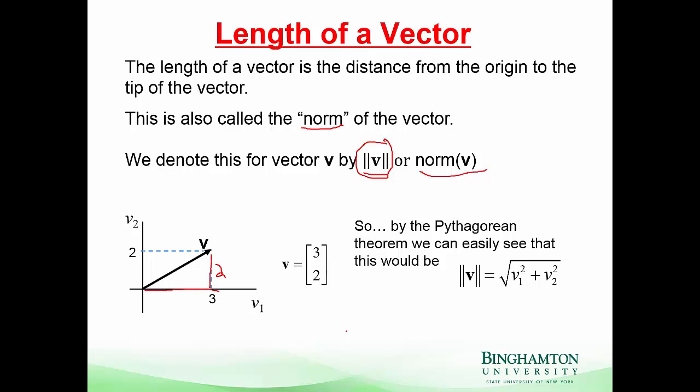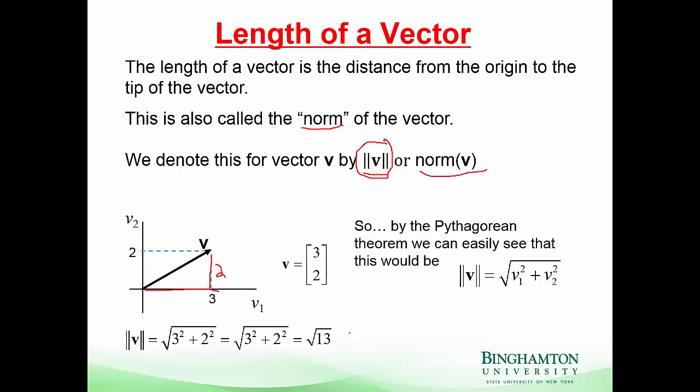So we would square 2 to get 4, square 3 to get 9. So we've got square root of 13, right? Did I do my arithmetic right? Yes, I did it correct.